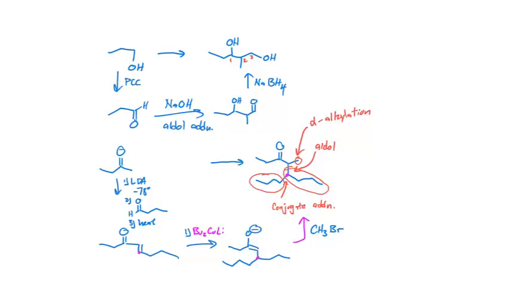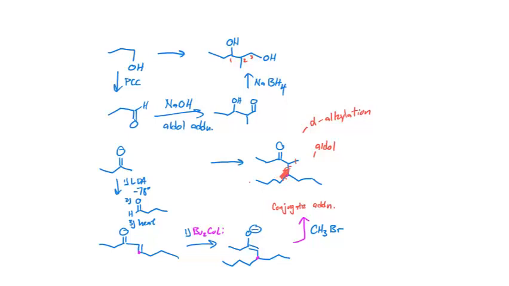And so what I want you to look for, I'm going to erase these circles now. I want you to be able to recognize when we have an alpha carbon, this one, that has been connected to other carbons.